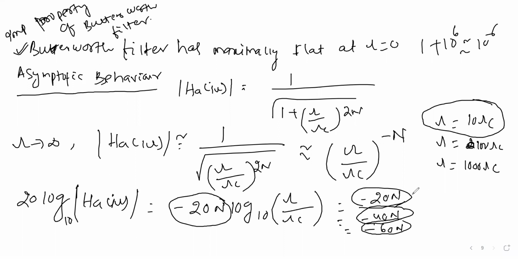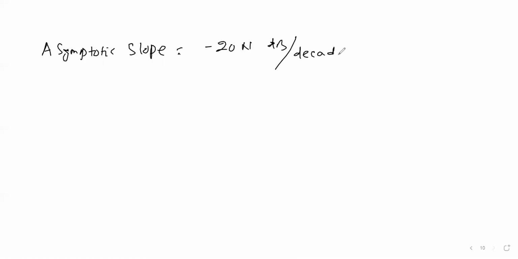Okay, so we can say, what is the asymptotic slope from here? The asymptotic slope is minus 20n dB per decade. Okay, means see, decade means 10, yes or not?